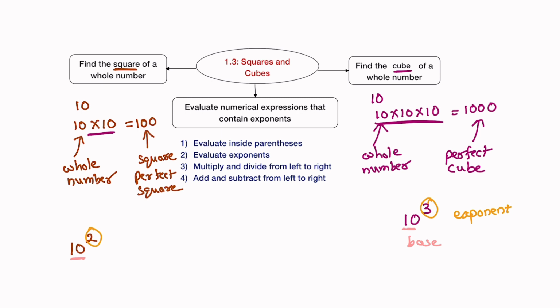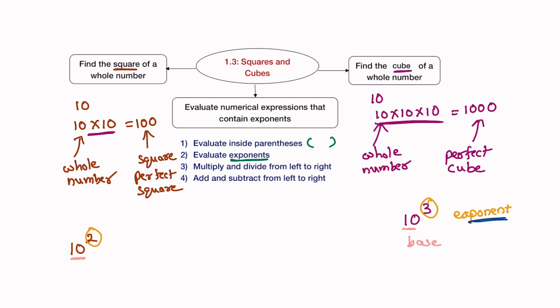And finally, we are here on the third part that says evaluate numerical expressions that contain exponents. Now, you know, these are the exponents here, right? So we have to work with the expressions that have exponents. For that, there is a process, and the process is already listed here. It says evaluate inside parentheses. So first thing, if you have brackets, you have to solve that first. Then evaluate exponents.